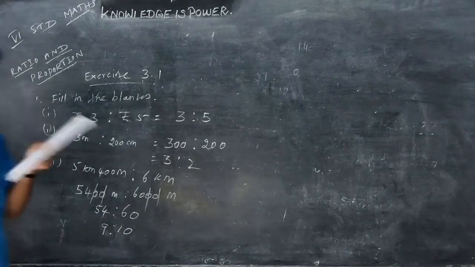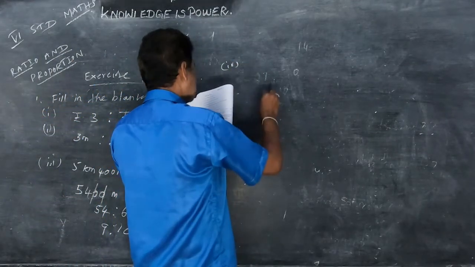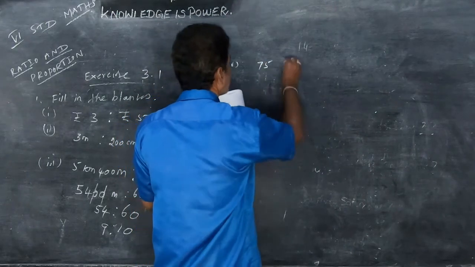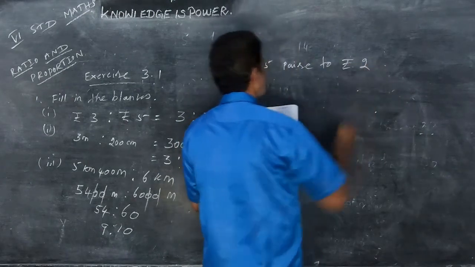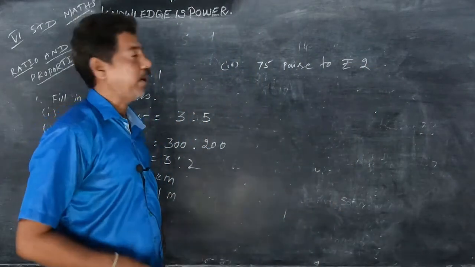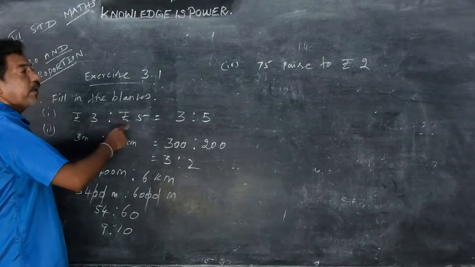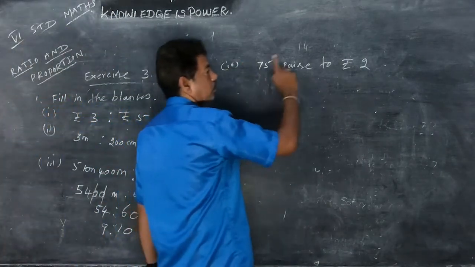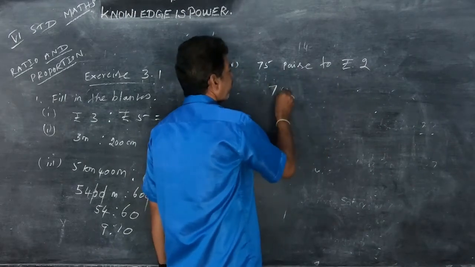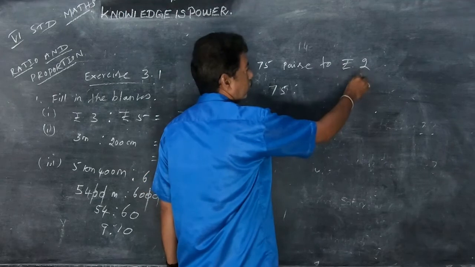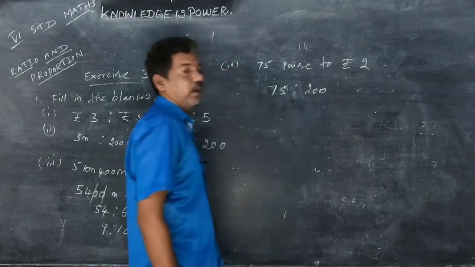Now the fourth one. See the fourth one. What is the ratio of 75 paise to rupees 2? 75 பைசாவை 2 ரூபாவோட கம்பேர் பண்ணுறாங்க. கண்டிப்பாக டிஃப்ரெண்ட் யூனிட். இந்த first question மாதிரி கிடையாது. First questionல ரெண்டுமே ரூபா. இதில் வந்து ஒன்று பைசா, ஒன்று ரூபா. Okay, so we have to convert into equal. முதல்ல 2 ரூபாயையும் பைசாவா மாற்றணும். 1 rupee equal to how much? 100 paise. அப்போ 200.